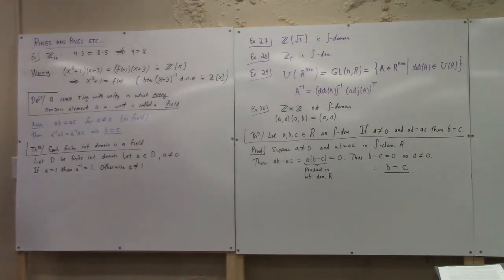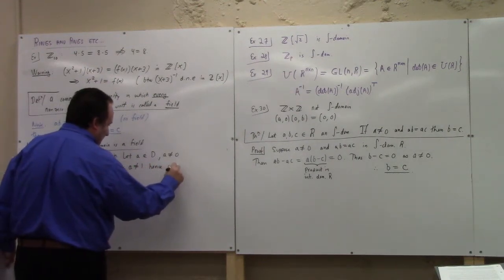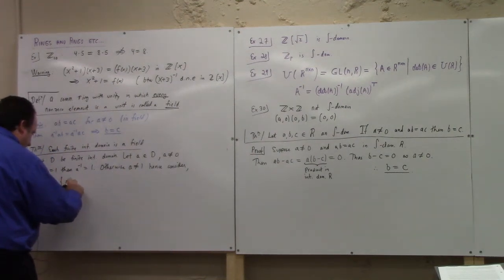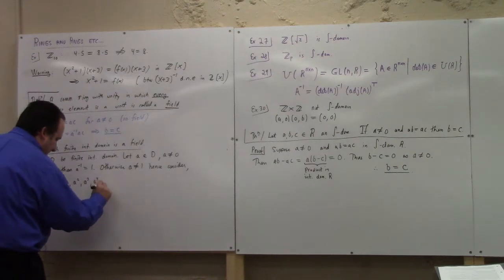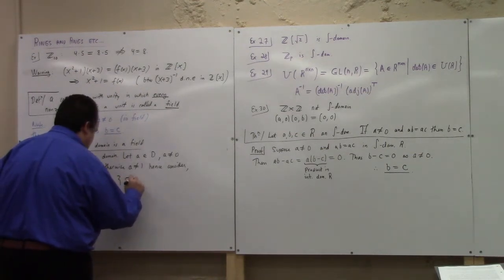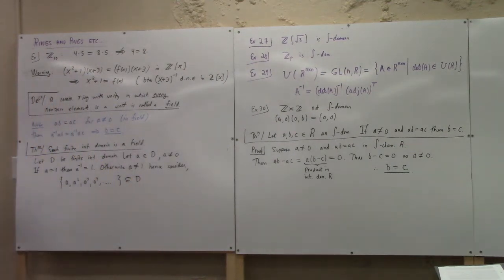Hence, consider the following list. We can look at A squared, A cubed, A to the fourth, and so on. This is a subset of D, and because D is finite, eventually we can erase that subset.